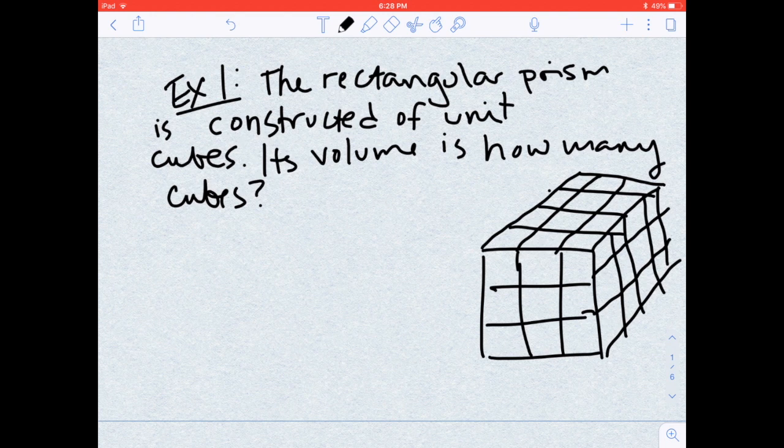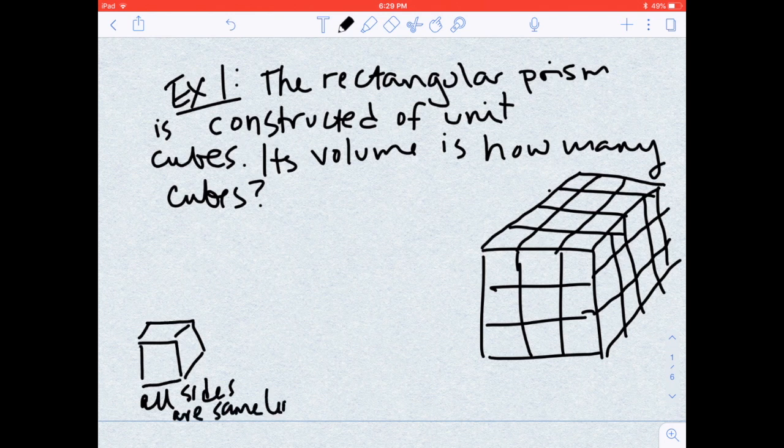Okay, so example 1 says the rectangular prism is constructed of unit cubes. Its volume is how many cubes? Okay, so before we do that, we need to remember what a cube is. And a cube is a three-dimensional object where all sides are the same length.